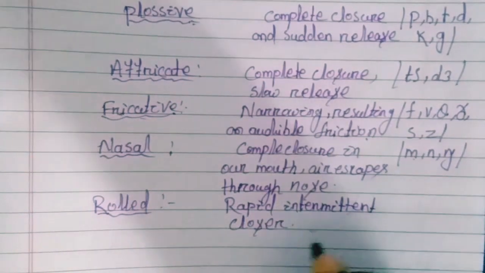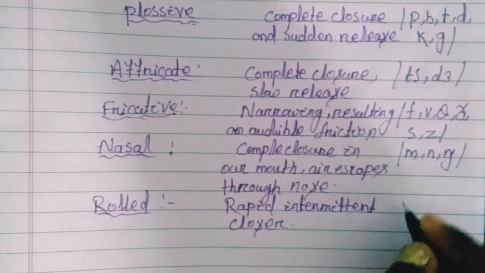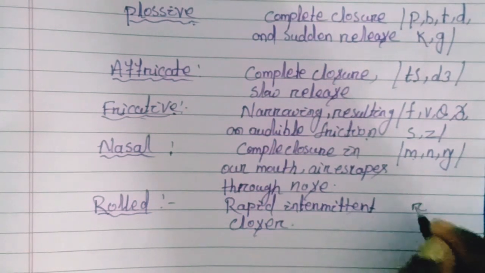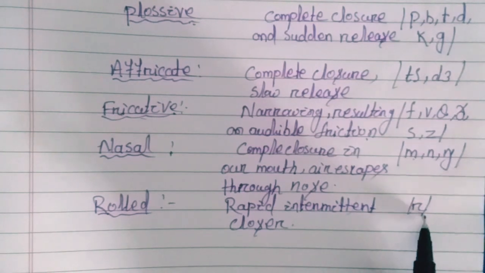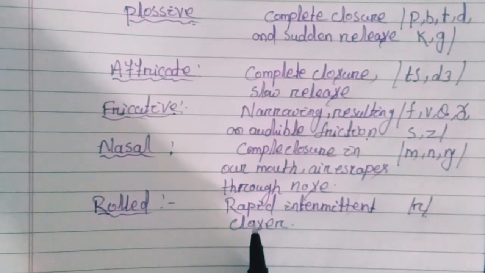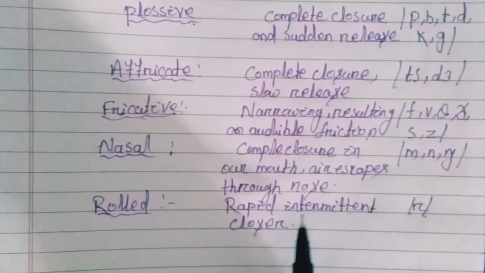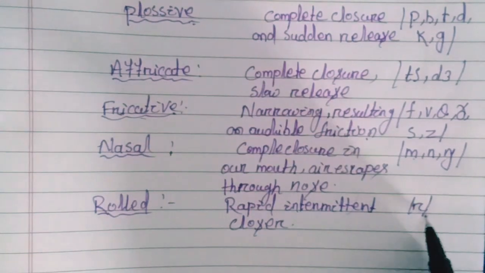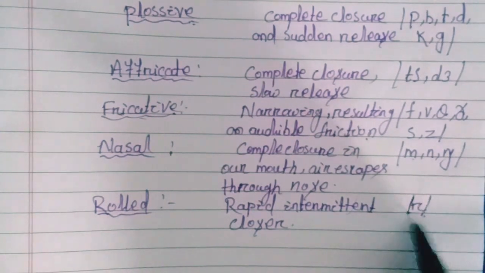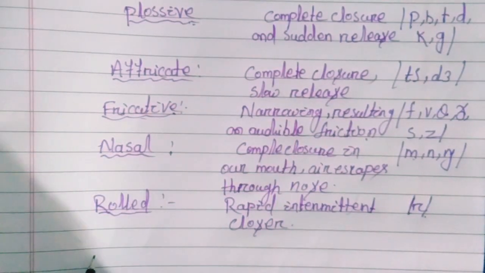And the example of the rolled consonant is raw sound. When you pronounce this raw sound, you can understand how our tongue repeatedly taps against the roof of the mouth. You can understand better. And this is the example of rolled consonant.